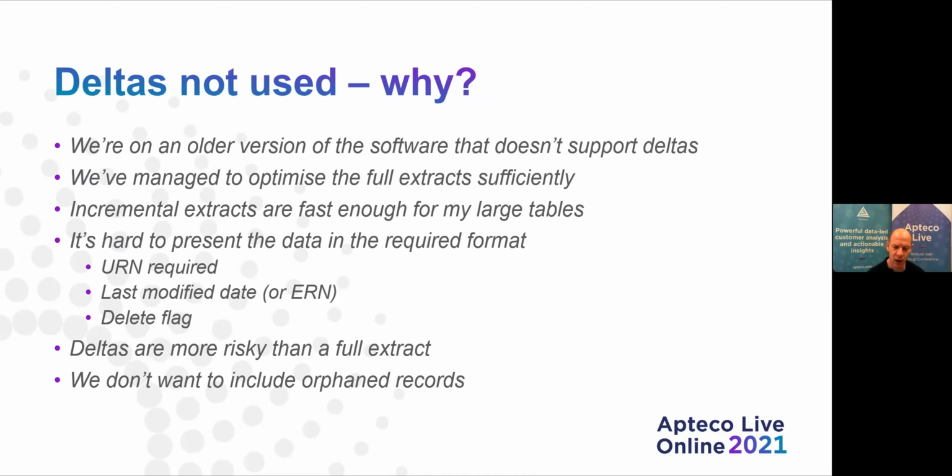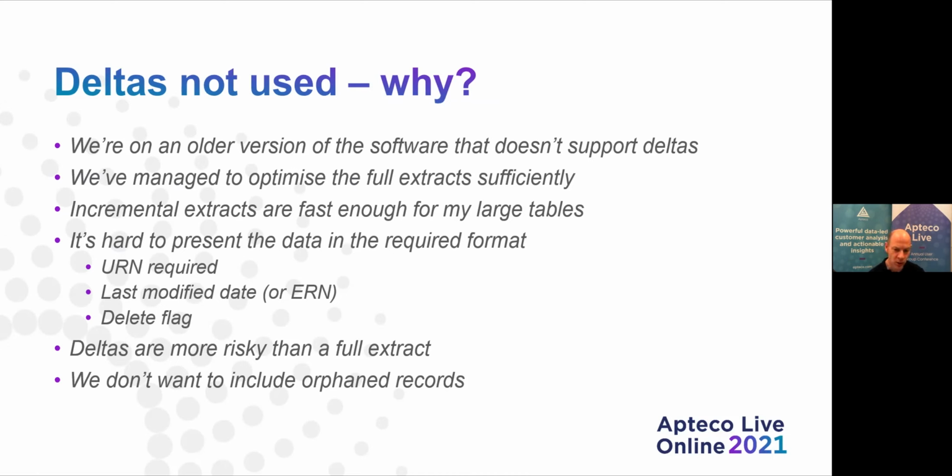We require the ERN, which could be derived from the last modified date, and we also require this delete flag, so that if you deleted data, we are able to extract the fact that some of this data has been deleted. So it could be that those additional requirements don't fit your source data, or they can't be carried through your entire source data pipeline to present to Designer so that you can use deltas.